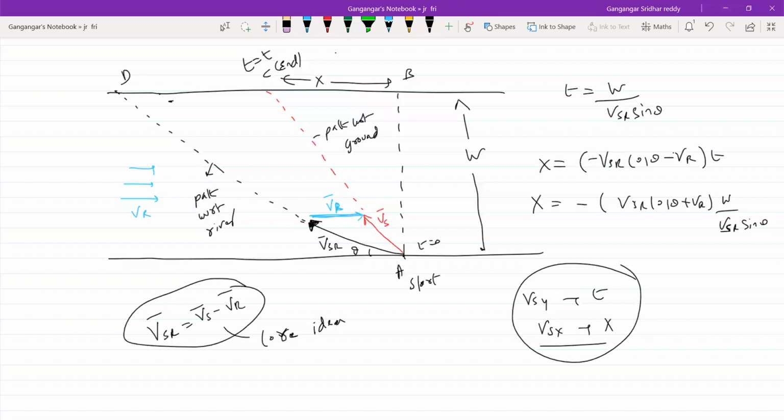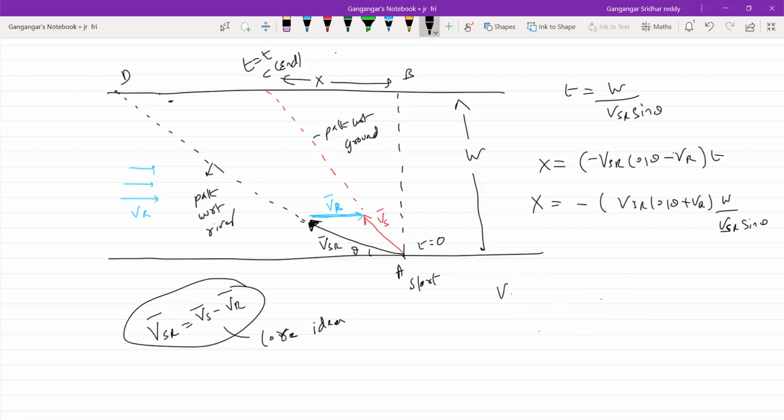In books it has become some sort of random. Shouldn't that be plus VR? I mean minus VSR cos theta plus. Instead of fighting with this, better go back and apply the formula. The best thing is to go back to the formula.